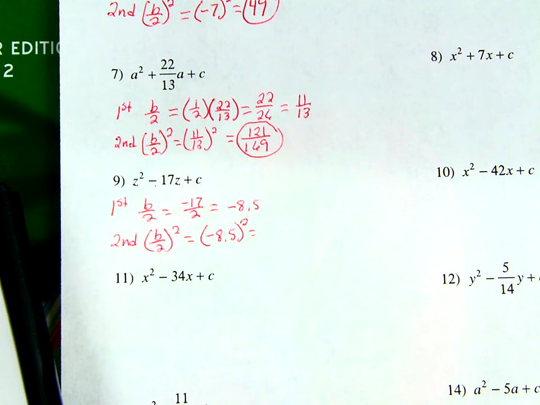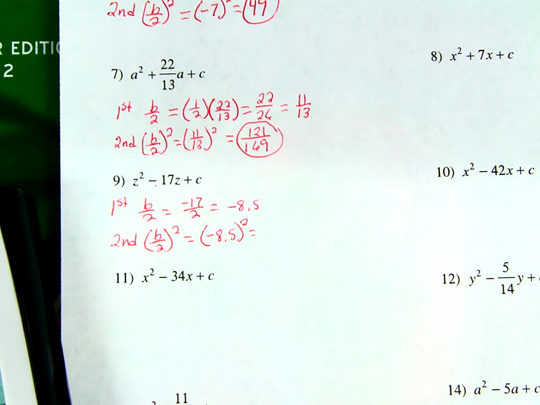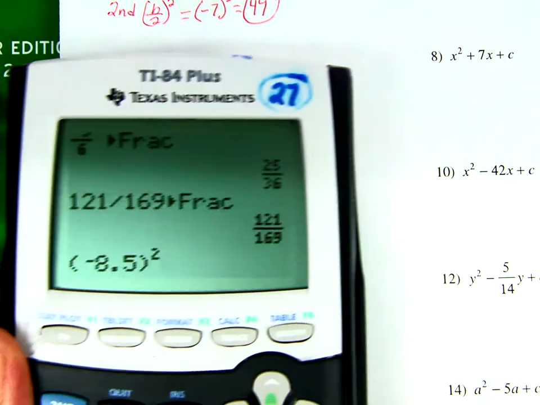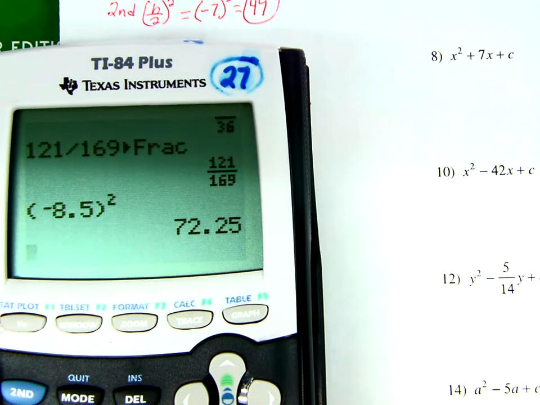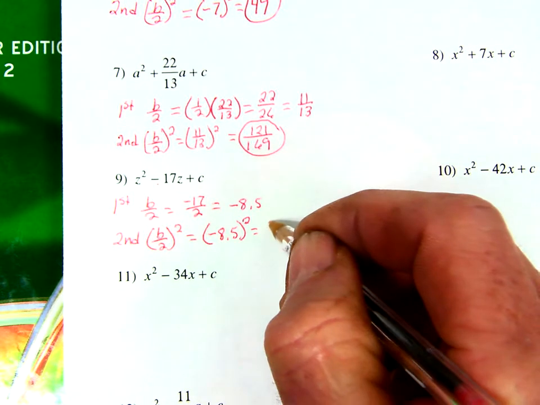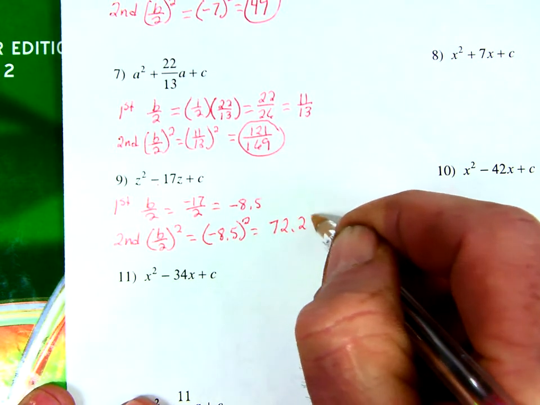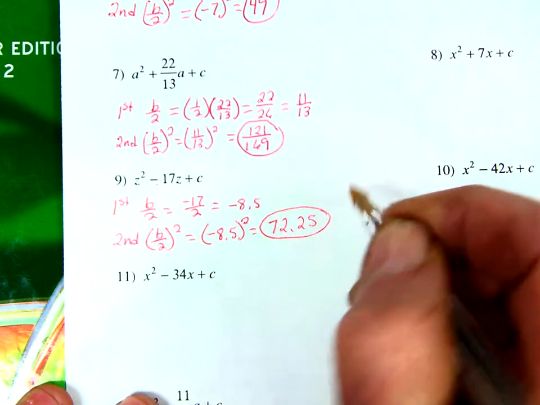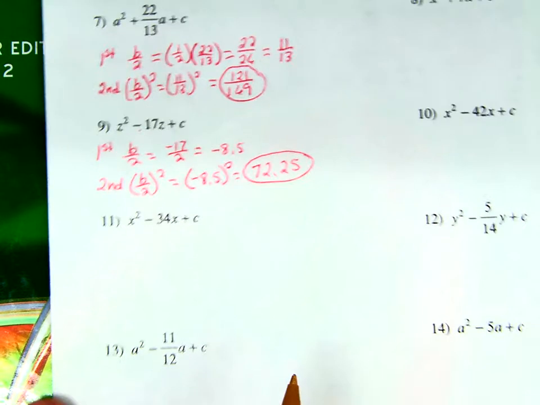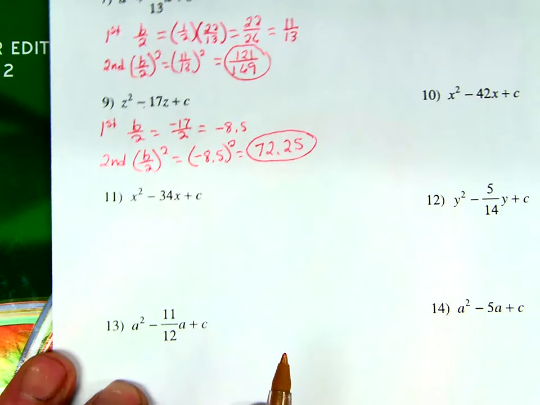Alright, negative 8.5 squared is 72.25, positive. 72 1/4, or you can change that to an improper fraction, or just leave it just like that.